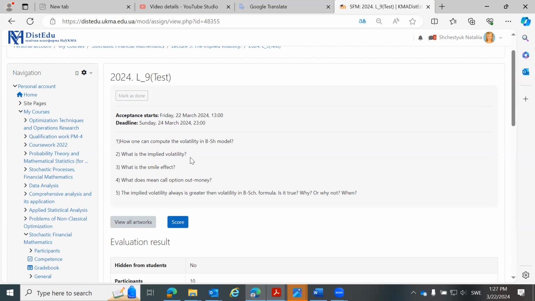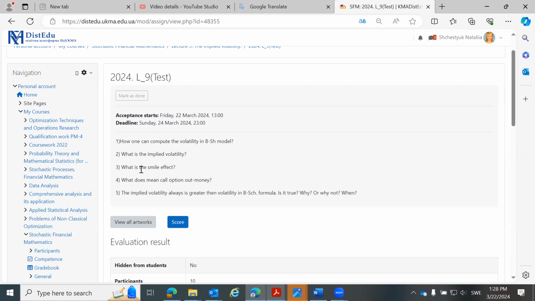You remember I explained to you that if we have the Black-Scholes equation, we write this value for the real premium of the call option, and assume that sigma is an unknown variable, and after that we solve this equation with respect to the unknown variable sigma, so it will be the implied volatility.